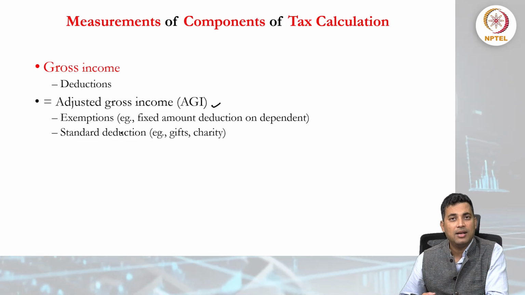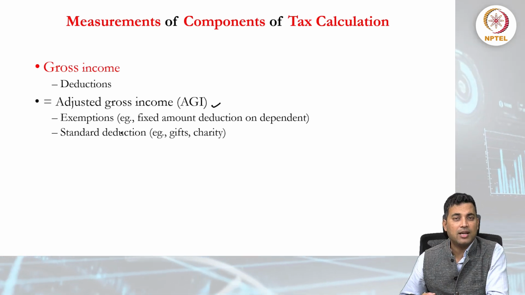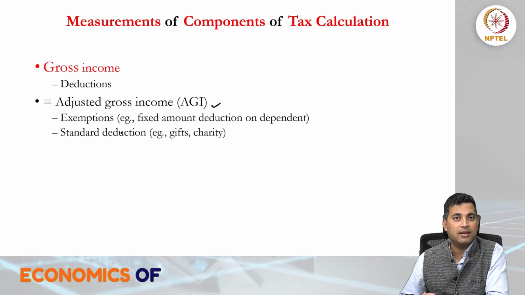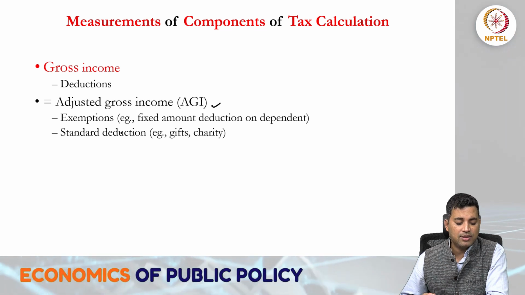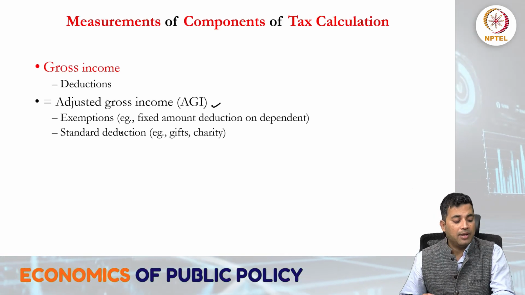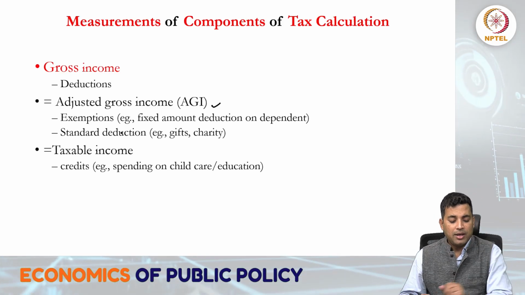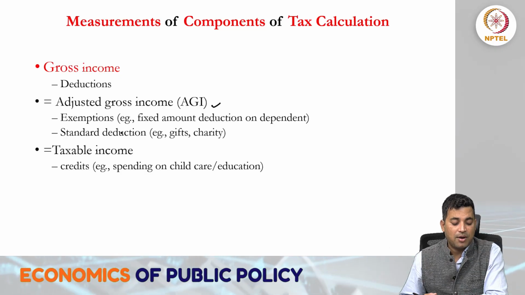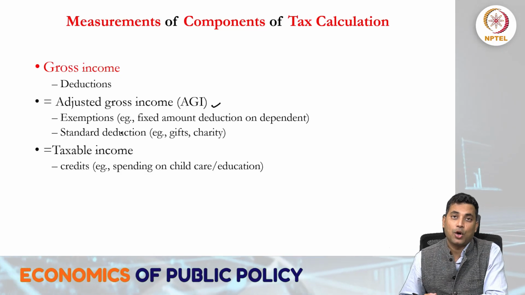At the time of tax filing we also see that even in our salary there is a standard deduction. This is the exemption that we get, once we deduct the standard deductions from the gross income.